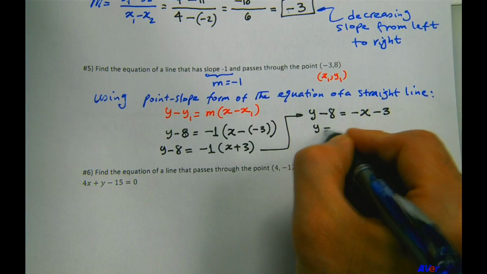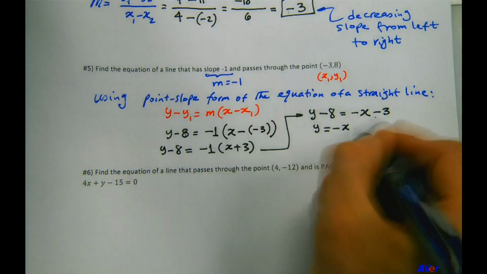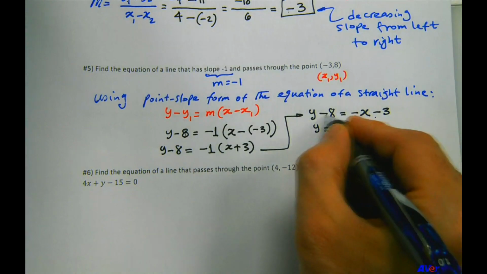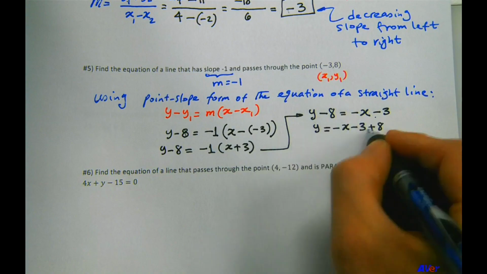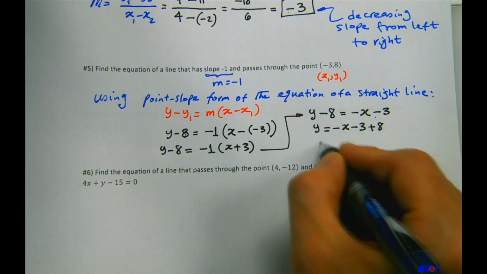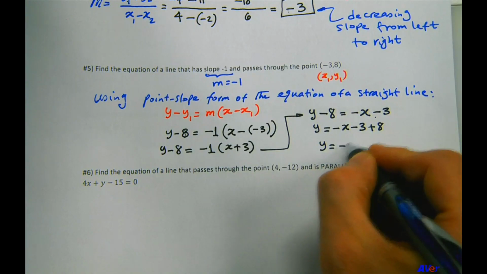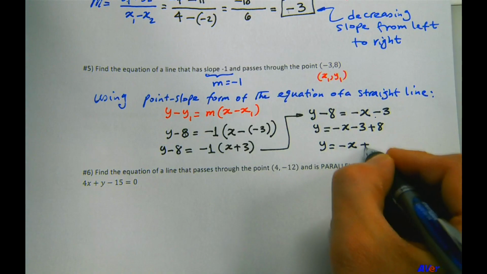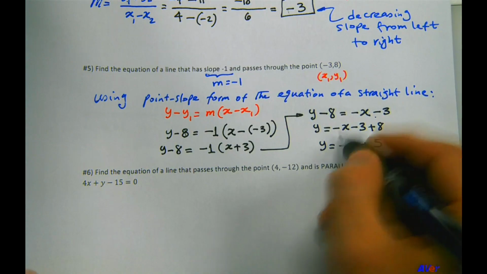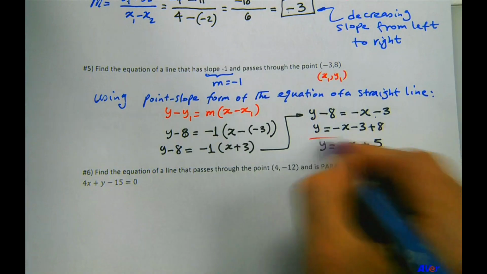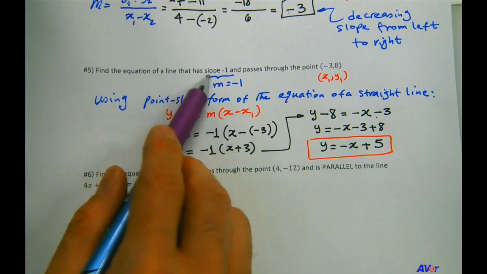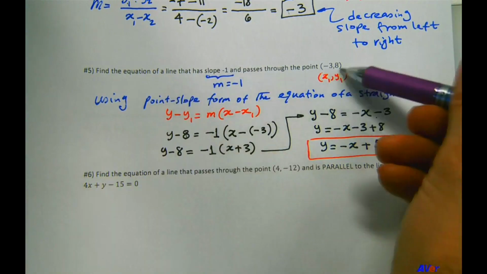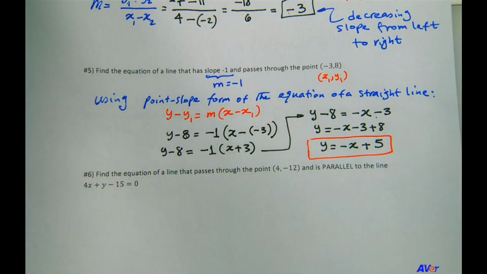Y equals, let's simplify, minus x minus 3. Move this -8 to the other side of the equality symbol. It'll change algebraic sign to the opposite. And then finally, y equals minus x plus 5. Okay, so that is the equation of a line that has slope equal -1 and passes through that point.